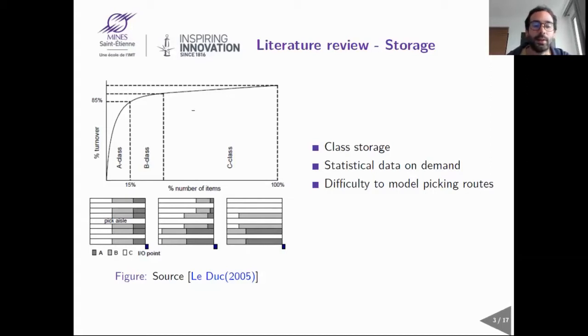But in real life, one order includes several items that are picked all together. So with statistical data, it's a bit difficult to model accurately the picking routes and the distance to retrieve items. And that's the main point we will try to address in this talk.